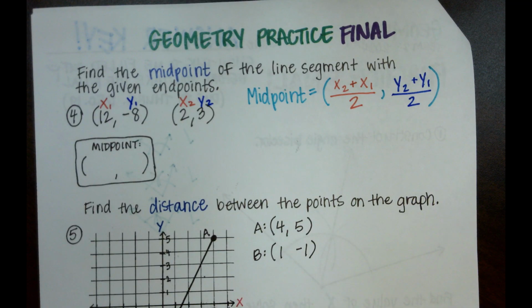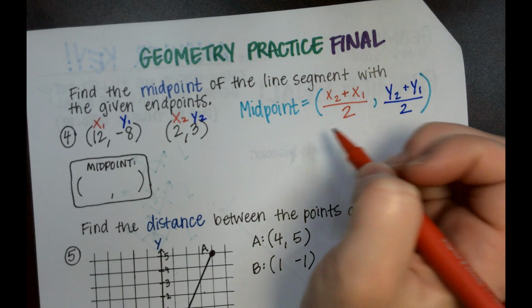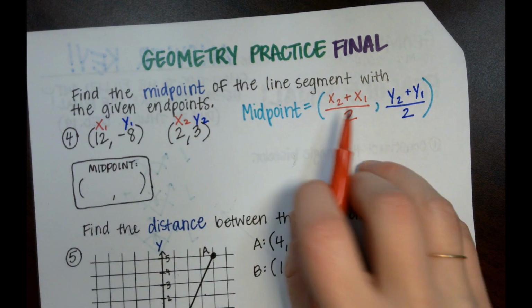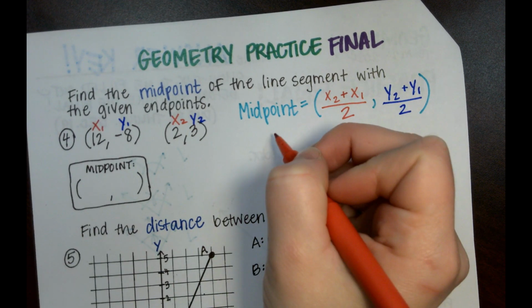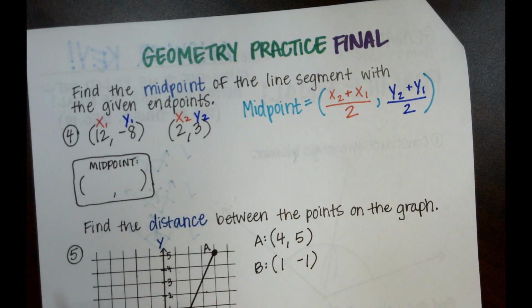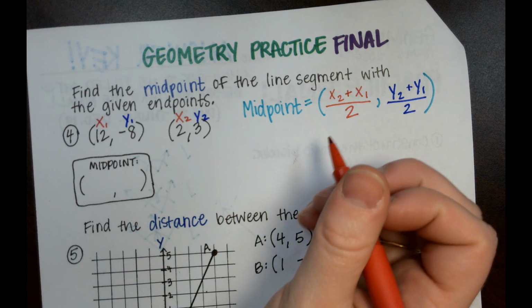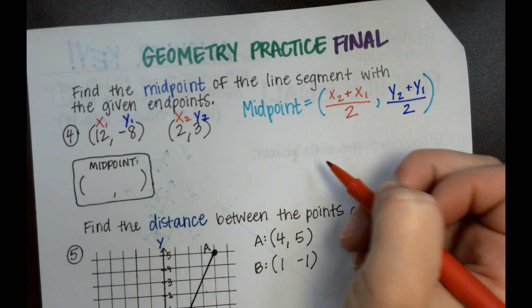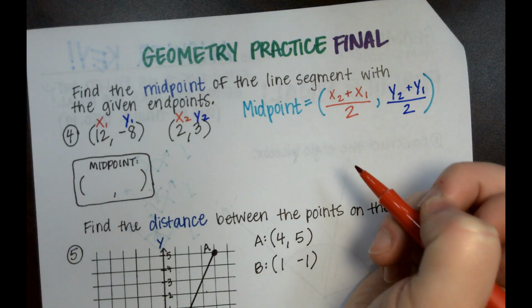Okay, so once they're all labeled, what am I going to do with all those numbers? Plug them in. Yes, we're going to plug them in. So what numbers am I writing in first? We're doing the x2 plus x1, it would be 2 plus 12.